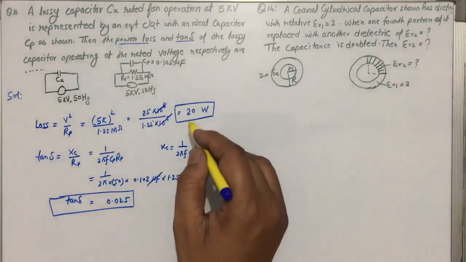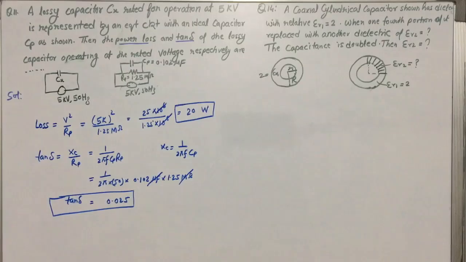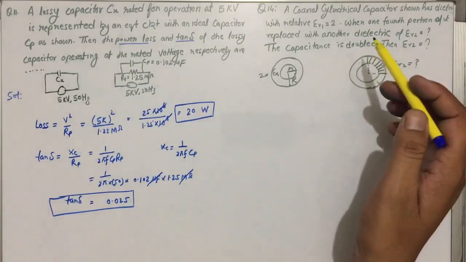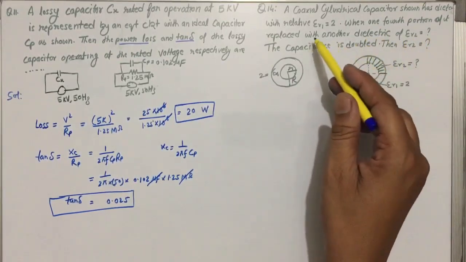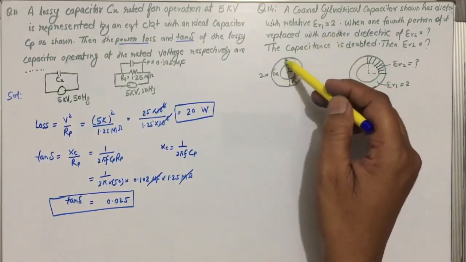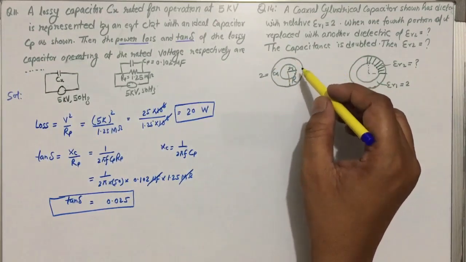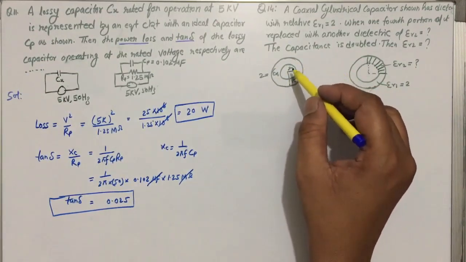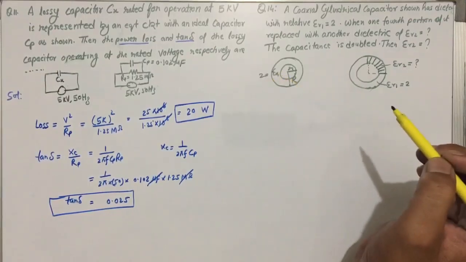So this is the power loss in the lossy capacitor, and this is the tan delta. Okay. Now the next question: a coaxial cylindrical capacitor is shown with a dielectric of relative permittivity 2. This is the capacitor, and the relative permittivity of this is 2.